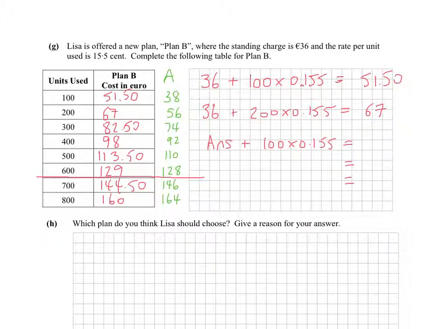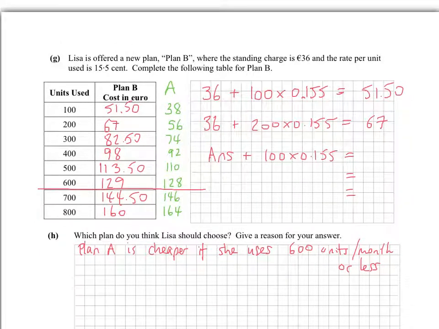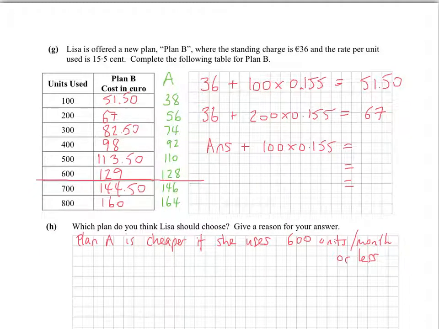Now, in a previous part of the question, it mentioned about Lisa having been charged 650 units 1 month. So what do we have for 650 units? Well, for plan B, we have this rule of 36 plus 650 lots of 0.155, and we get a cost of 136 and 75 cent.